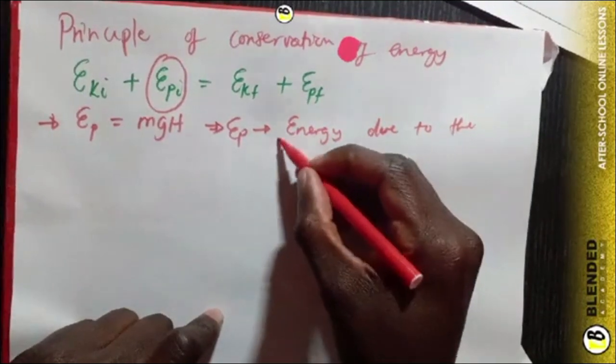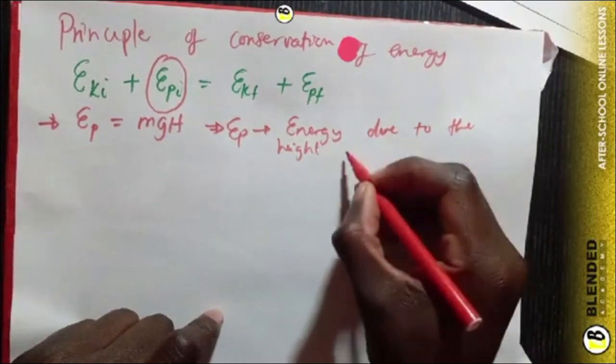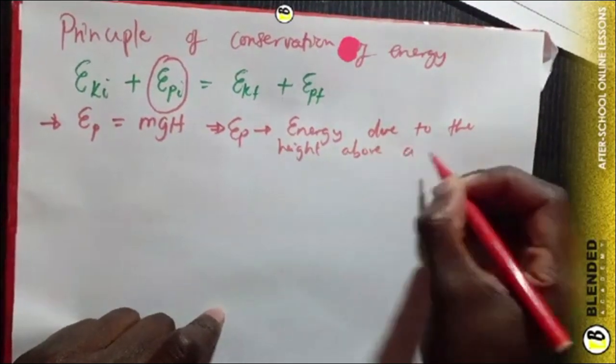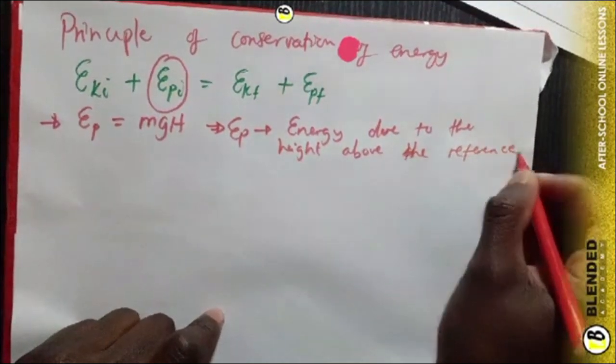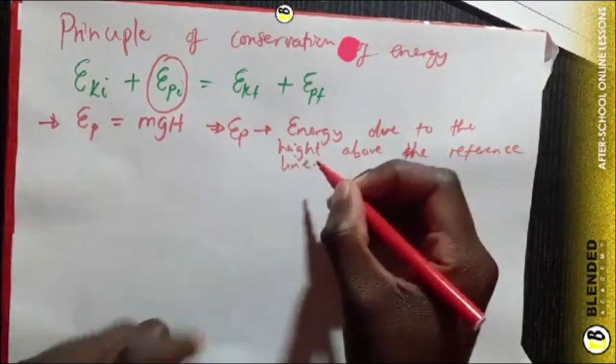Energy due to the height above the reference level, or the reference line. That's your potential energy.